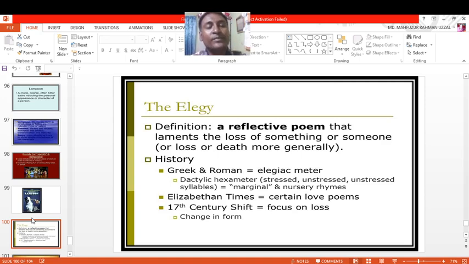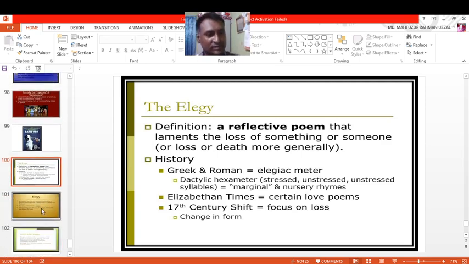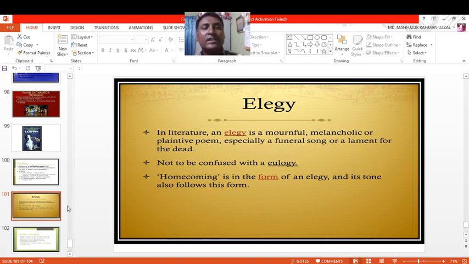Another literary device is elegy. An elegy is a poem of lamentation or mourning for something or someone. In literature, an elegy is a mournful, melancholic, or plaintive poem, especially a funeral song or a lament for the dead, not to be confused with a eulogy.